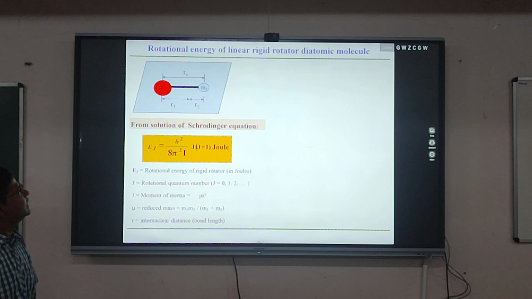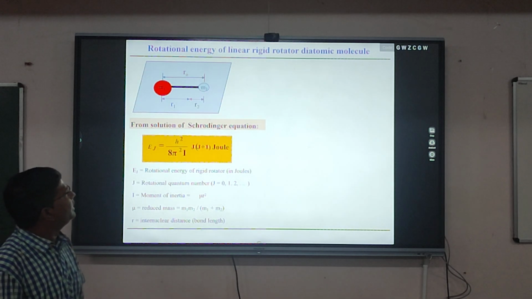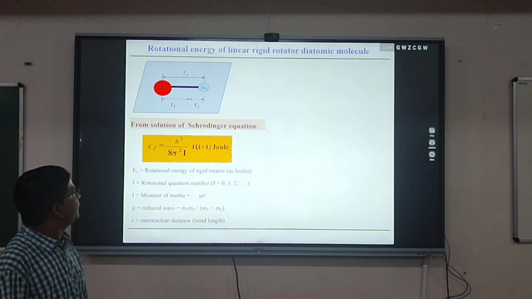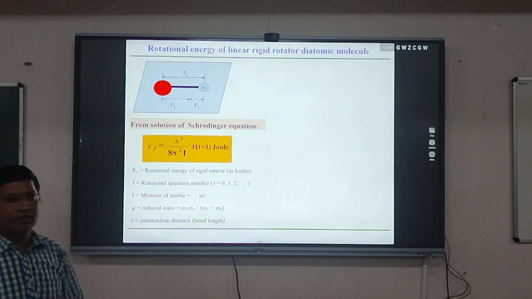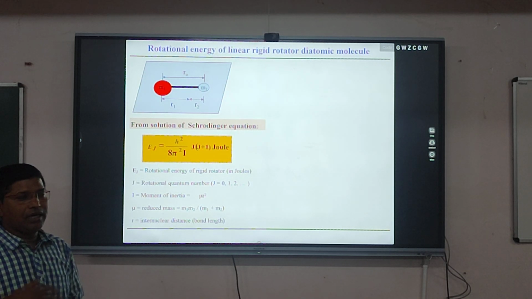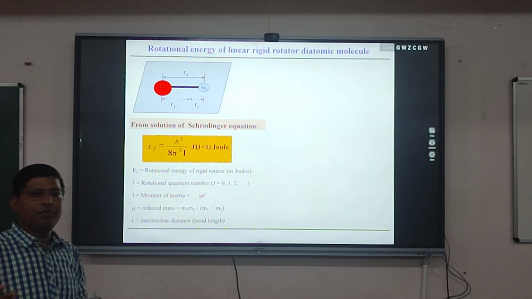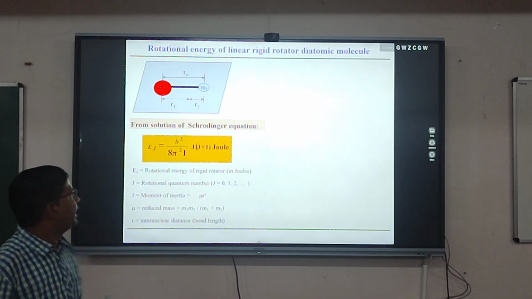Now we will learn the rotational energy of a linear rigid rotor diatomic molecule.